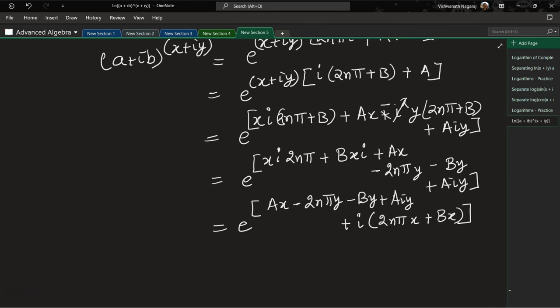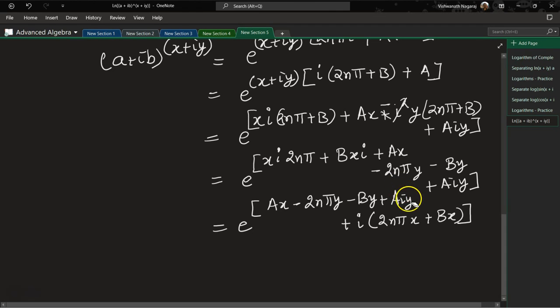It is a little bit tricky. Now here Aiy also contains i, so it should go inside this because that also has i common. So Ay. Things seem to be looking up, right?